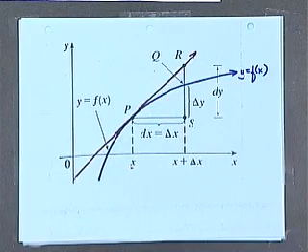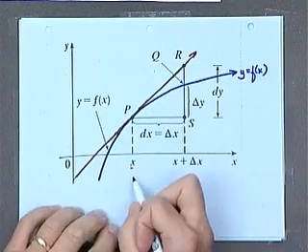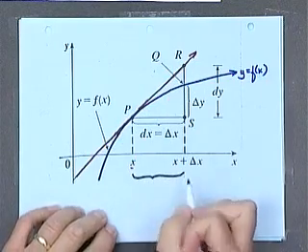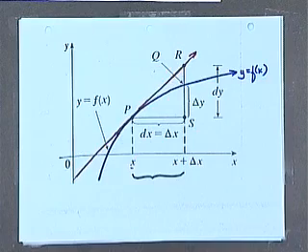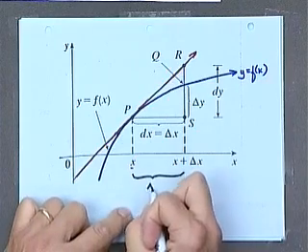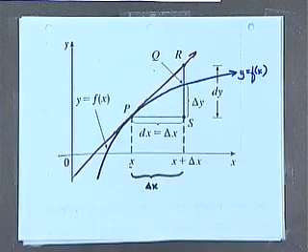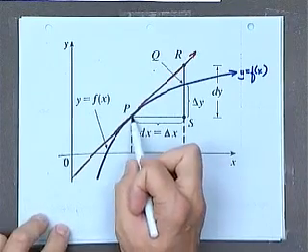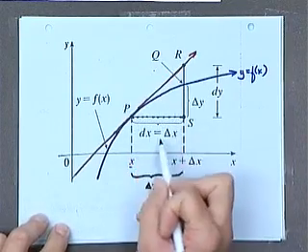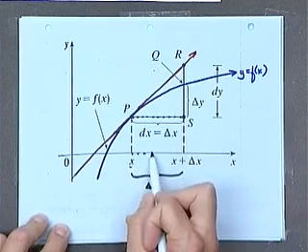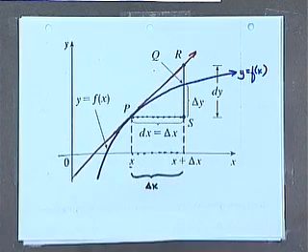So we want to come out here a certain amount of units. Here's our initial x value. Here's our later x value. So we have moved delta x units, and you can see that on this diagram. There's delta x, whether it's down here or up there.